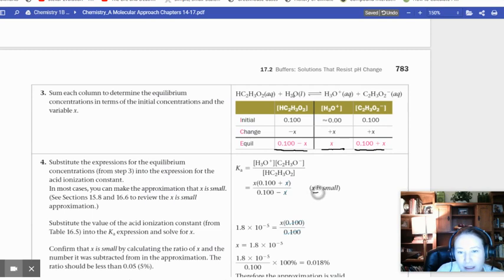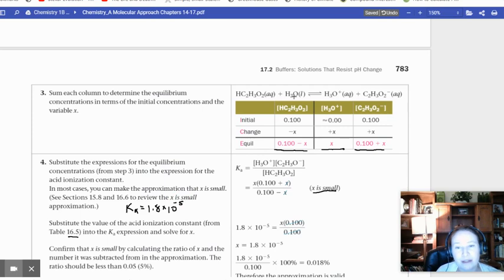Look, x is small. How do I know that? I know because of the Ka. It says use the table to find Ka, table 16.5. Ka for acetic acid is 1.8 times 10 to the negative fifth. Anything that's about times 10 to the negative fifth or sixth, it's pretty certain that you can use x is small.